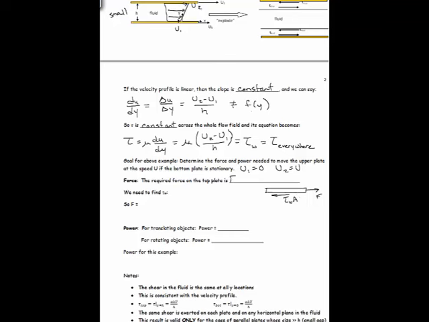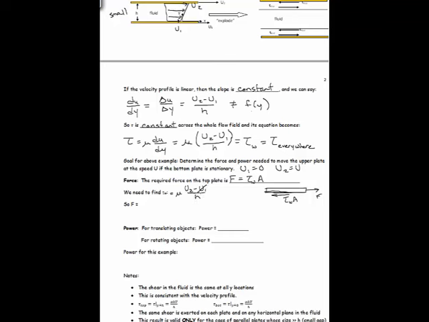So your force equals tau wall times your area, and that area is wherever that shear is acting. As long as it's constant, you can do that. If it's acting all over that whole bottom surface, you're going to use that whole bottom surface as your area. So let's find tau at the wall. We just said it's mu times u2 minus u1 over h.